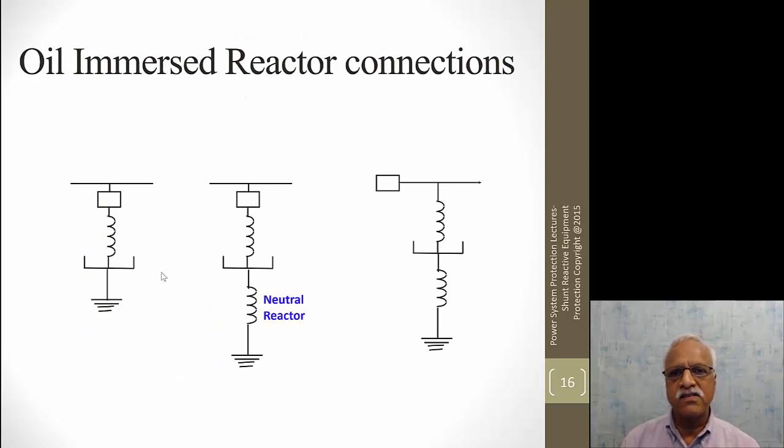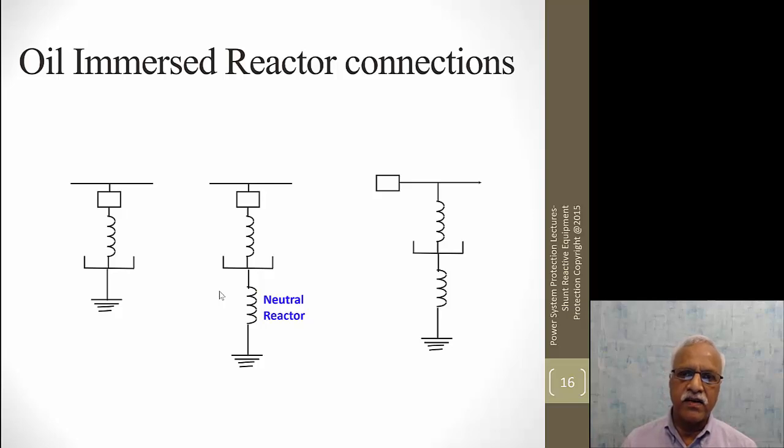Oil immersed reactors, you can either use a breaker to connect it to the system if it is bus connected, or if it is line connected, or it can be directly connected to the system. And sometimes they are solidly grounded, directly connected to the ground, or it can be connected to a neutral reactor. There are applications in single phase tripping and reclosing.